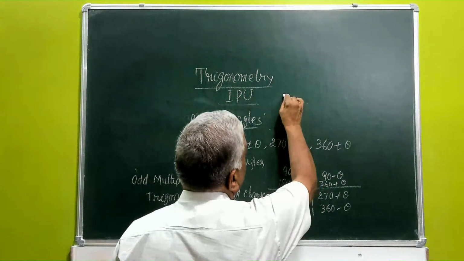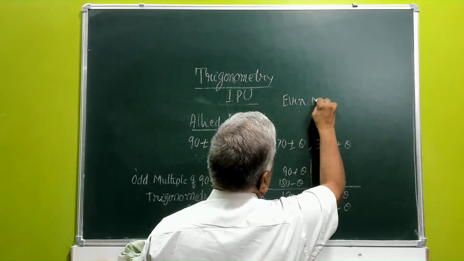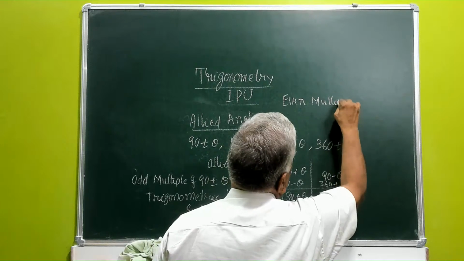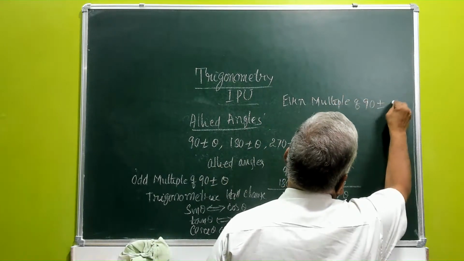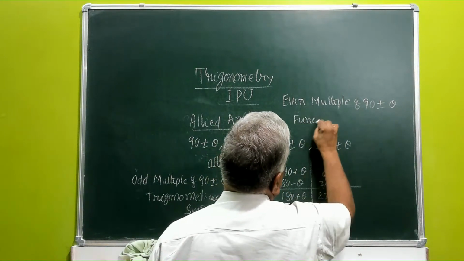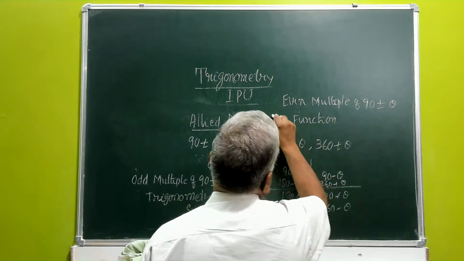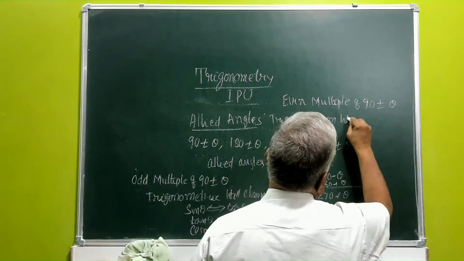What is the other point to remember? Even multiple of 90 plus or minus theta, the trigonometric function will not change.